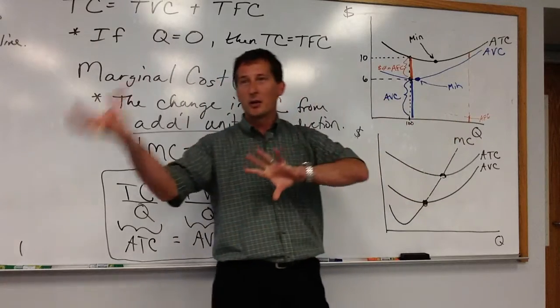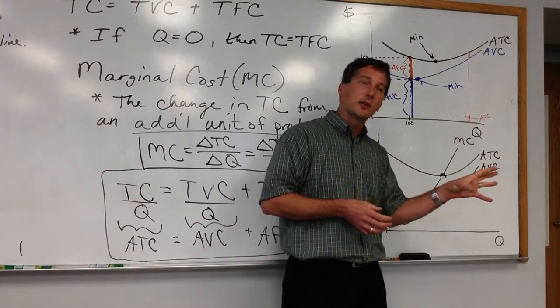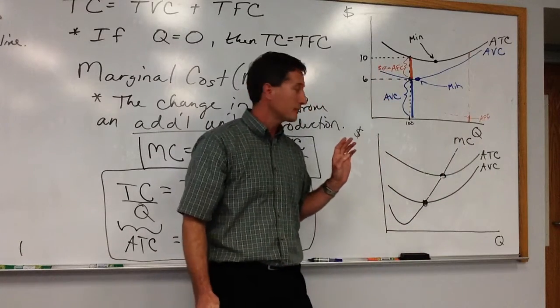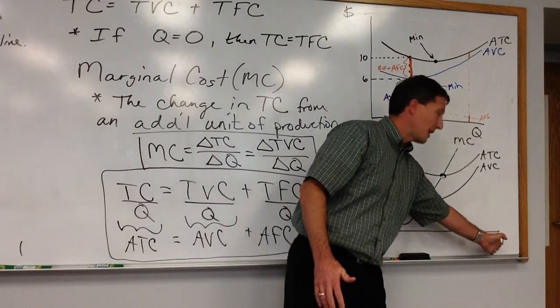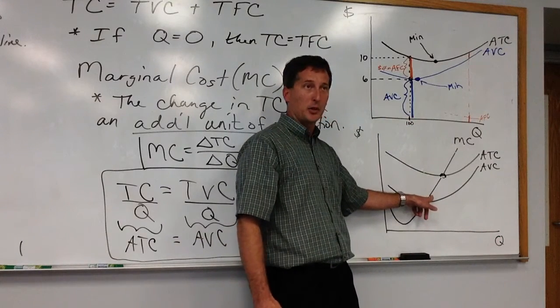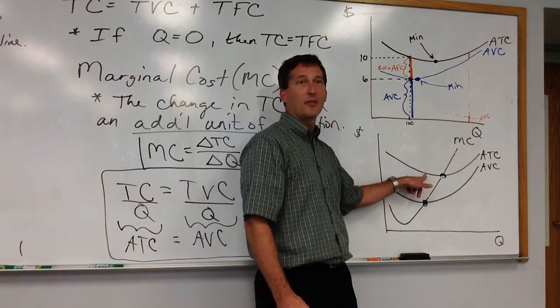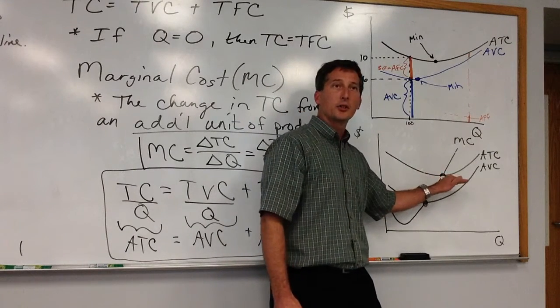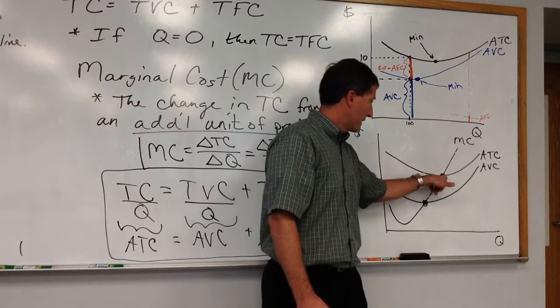So that's the difference between marginal grades and your overall average. Same thing's going on here with production. In this case, we might be talking about hamburgers, and if the cost of an additional hamburger is less than the average of all of them, then you're going to start to pull down the average. If they're equal, they're equal.